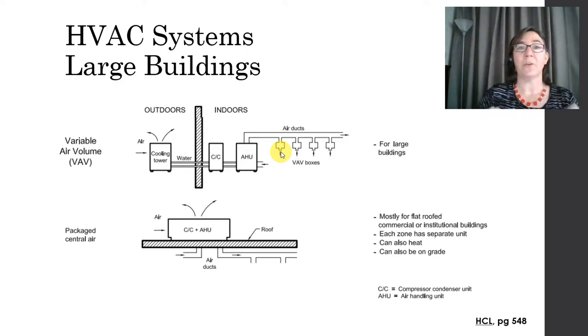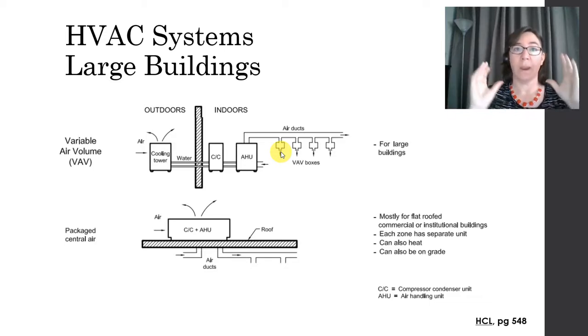Finally, let's talk about packaged units. We talked about split packaged units where the compressor and condenser are located maybe outside the space. The air handling unit is located inside the space. Right? But you can also have a packaged unit where the compressor and condenser and the air handling unit are all in one piece. They're one piece of equipment.